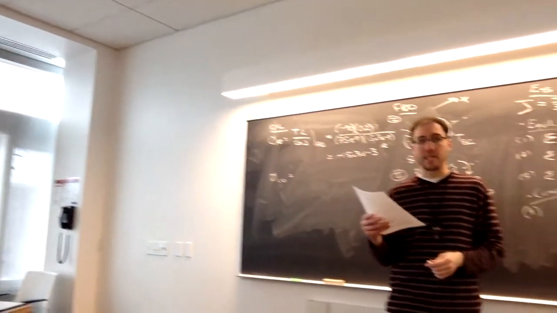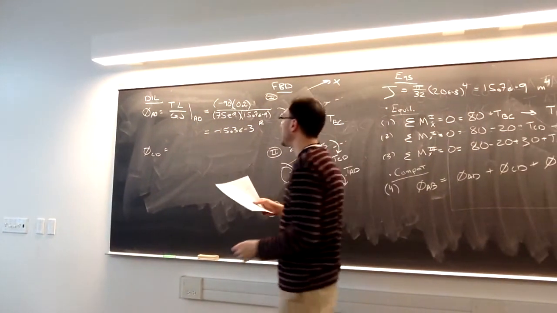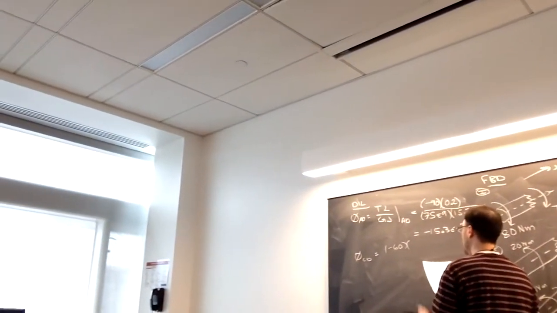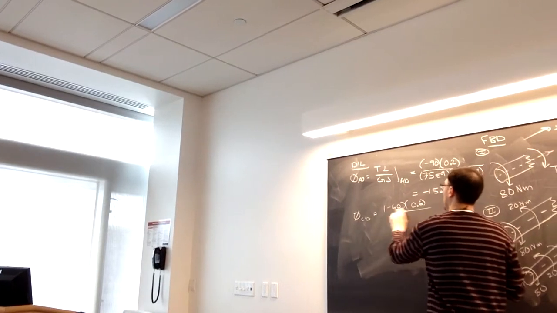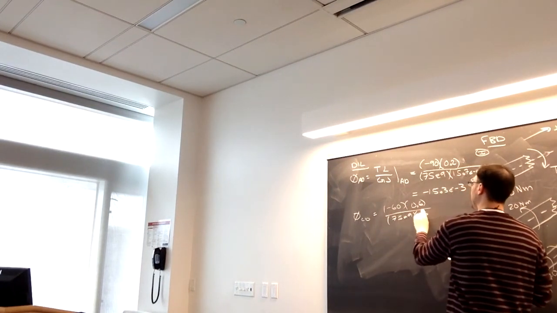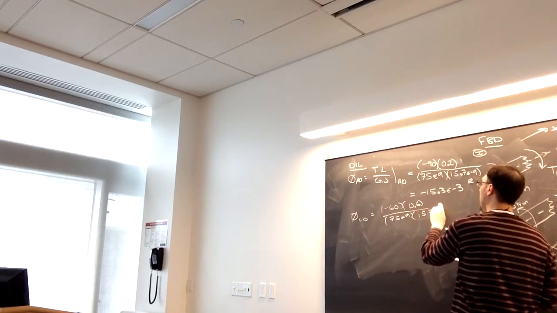Do the same thing for CD. I know that's negative 60 times 0.6 over 75 gigapascals times 15.7 times 10 to the negative 9 meters to the 4th.